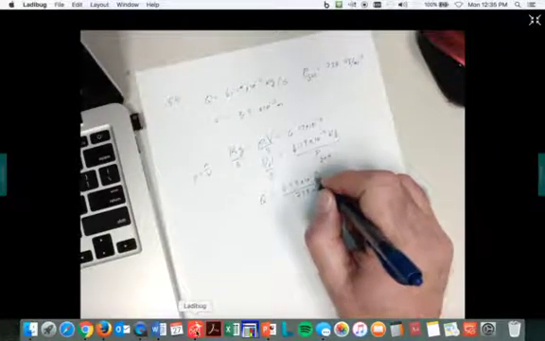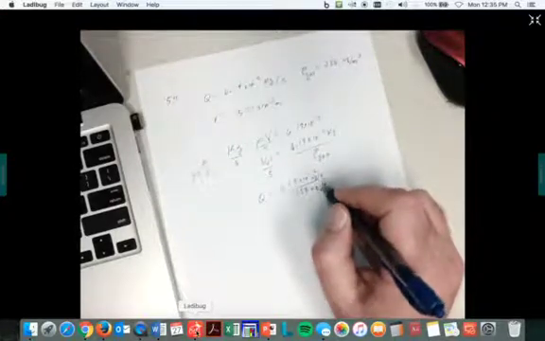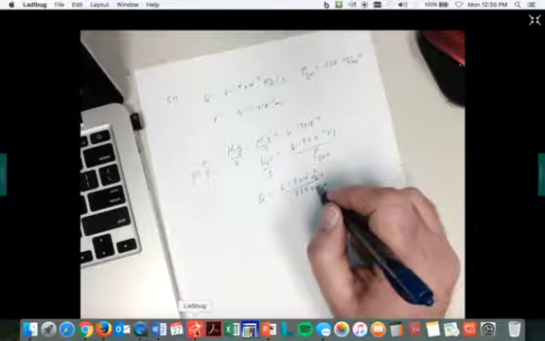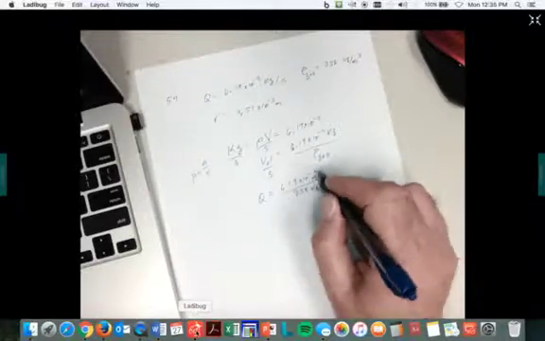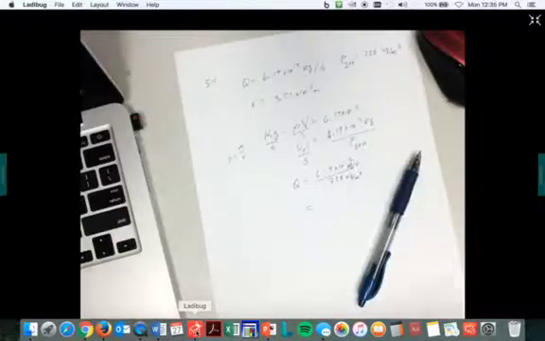Because this is kilograms per second, when I divide this out, the kilograms cancel, and I wind up with meters cubed.